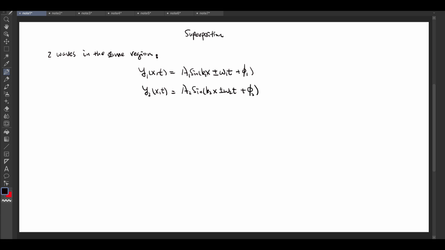So they propagate to the same region, and then we'll think about how to add up these two waves so that we get a total displacement for the media particle.